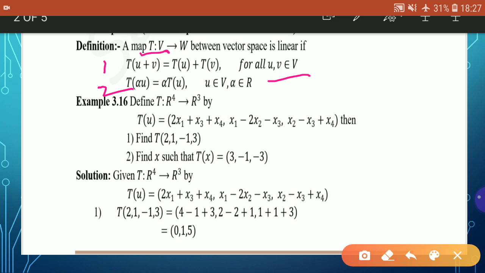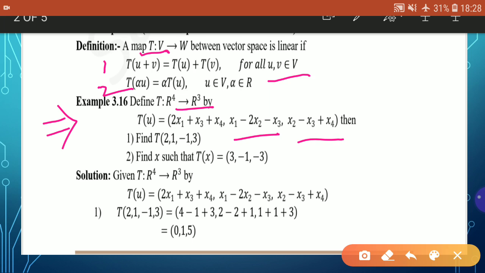Now the first example based on this definition: a map T from R4 to R3, where R4 and R3 are 4-dimensional and 3-dimensional vector spaces, is defined by T of u equal to, this is the definition of the map, first component 2x1 plus x3 plus x4, second component x1 minus 2x2 minus x3, third component x2 minus x3 plus x4.